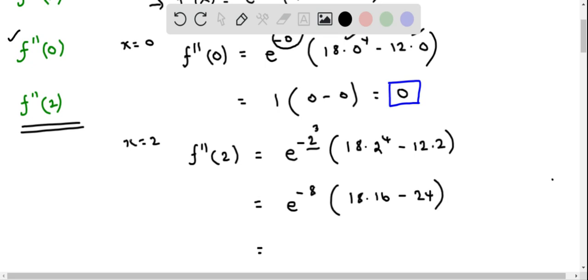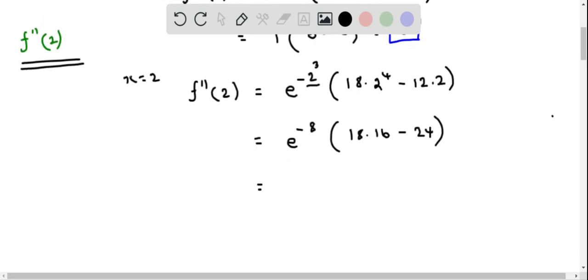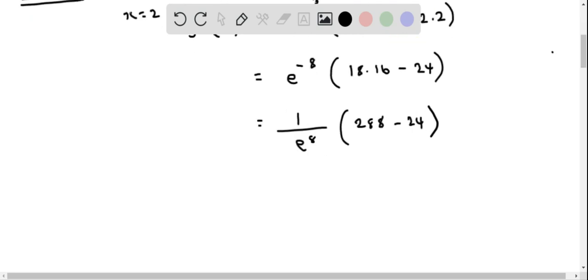Let's simplify this. I can write this as 1 over e power 8 times 18 times 16, which is 288, minus 24. And this gets simplified to 288 minus 24 is 264 divided by e power 8.